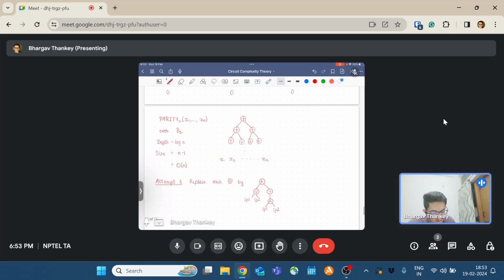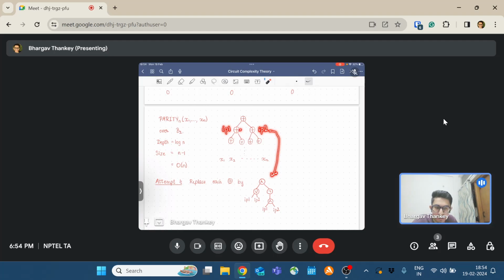Okay, so now let's look at this parity. This is input one, and this is input two, right? Now the issue is this. Look, I'm using input one twice in this circuit. So I would have to reuse this gate twice.